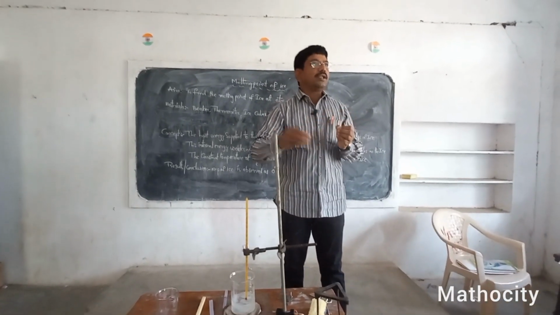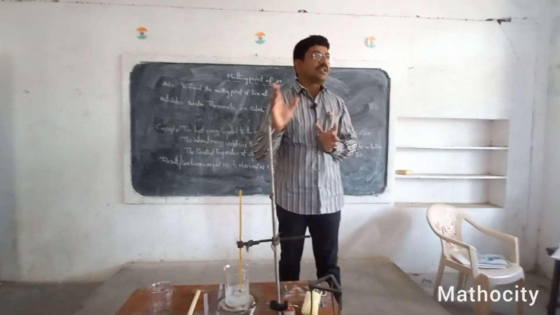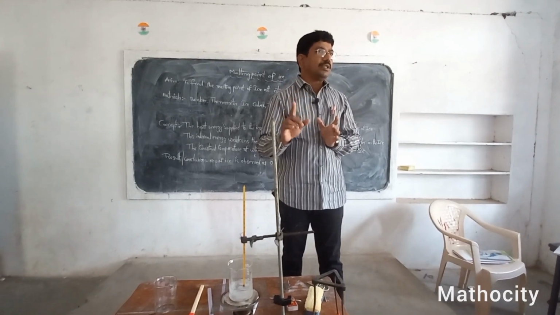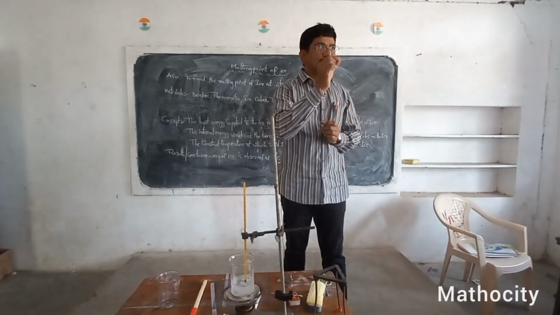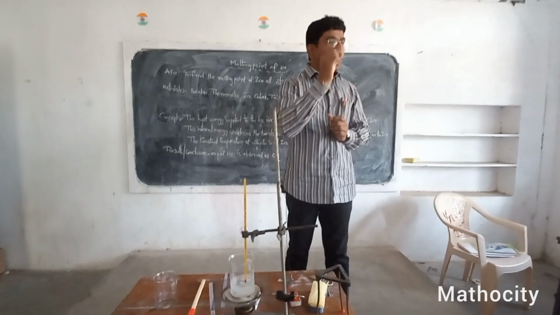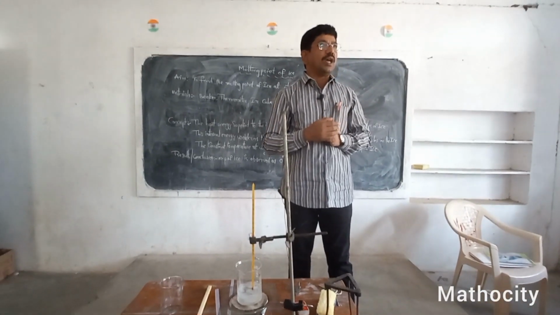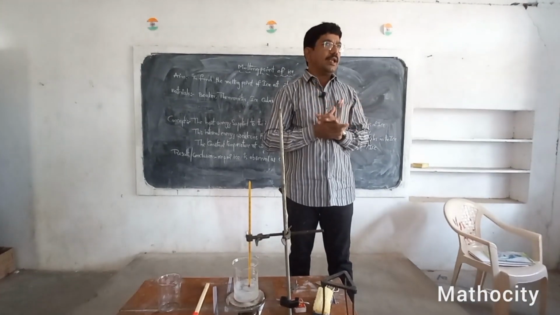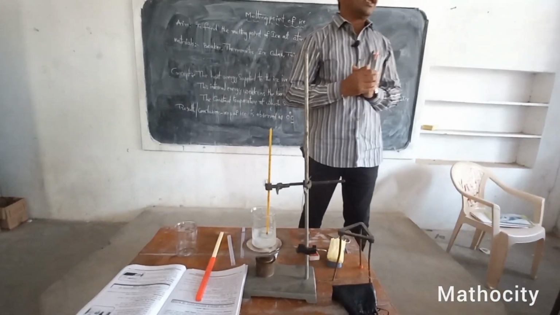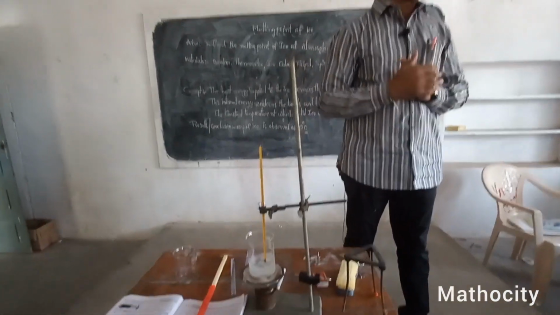However long you go on heating, the temperature remains constant. That constant temperature at which the solid converts to liquid is known as the melting point. Here I have taken ice cubes, so it is the melting point of ice.